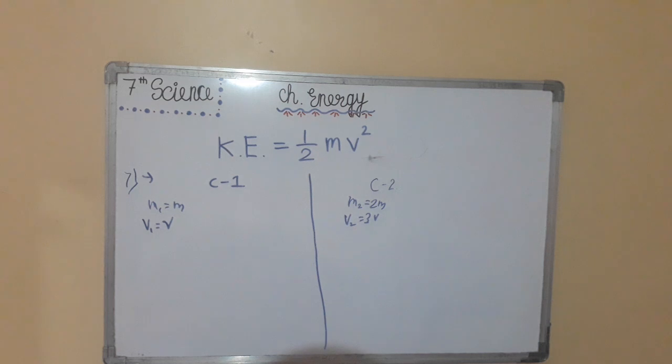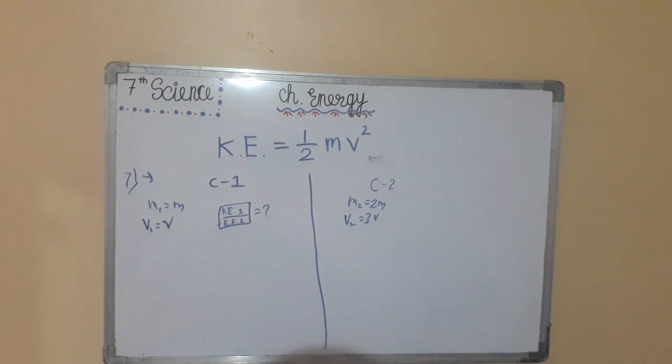Now we will find the ratio kinetic energy 1 upon kinetic energy 2. We know that kinetic energy is equal to half into mv square.